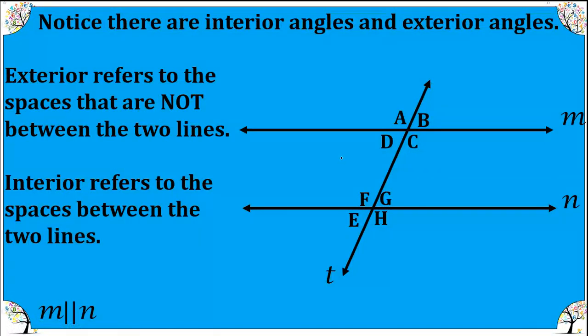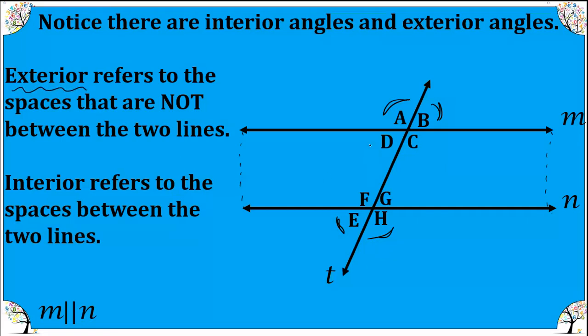In our diagram, you can notice that we have angles that are on the outside or exterior of the parallel lines. So let's just box this in so you can see it clearly. You do not need to do this. But on the outside of our parallel lines, we have angle A, B, E, and H. These are called exterior angles.